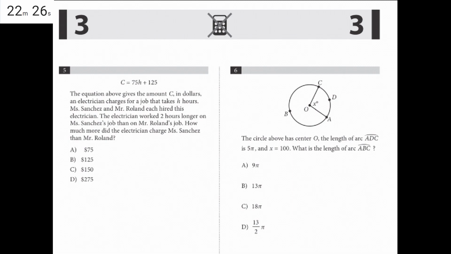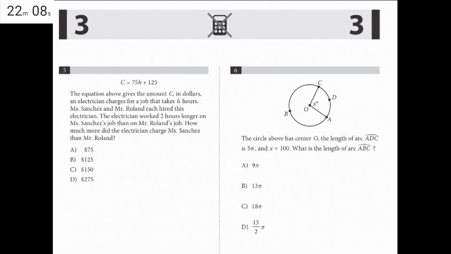C is equal to 75H plus 125. The equation above gives the amount C in dollars an electrician charges for a job that takes H hours. Ms. Sanchez and Mr. Rowland each hired this electrician. The electrician worked 2 hours longer on Ms. Sanchez's job than Mr. Rowland's job. How much more did the electrician charge Ms. Sanchez than Mr. Rowland?